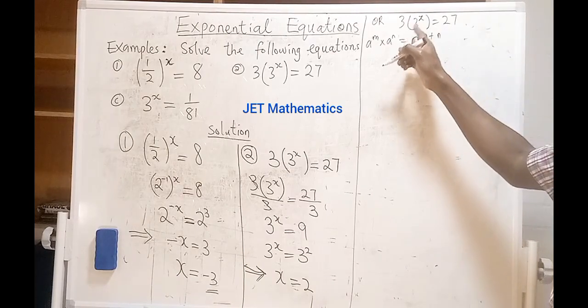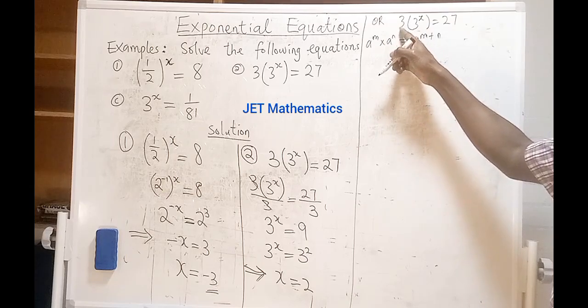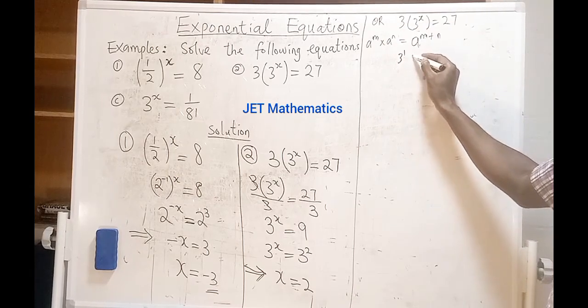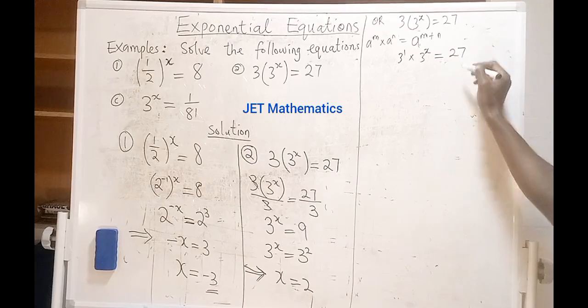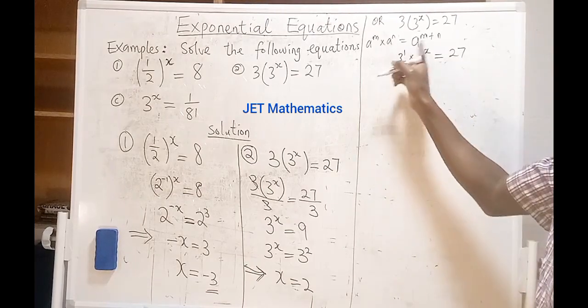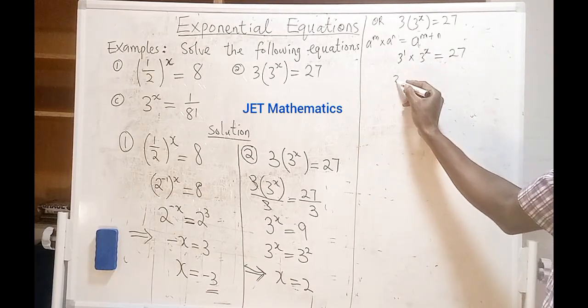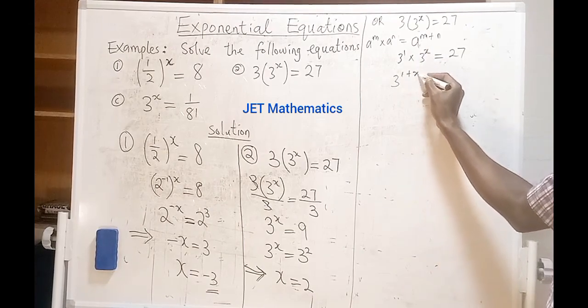Applying that here, this can be written as 3 raised to power 1 times 3 raised to power x equals 27. So this is 3 raised to power 1 plus x equals 27.